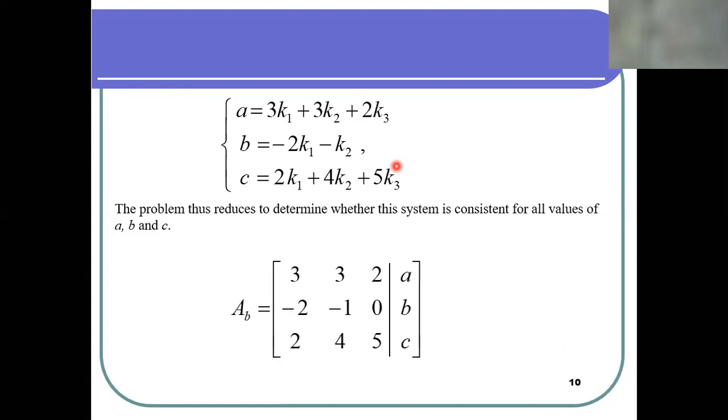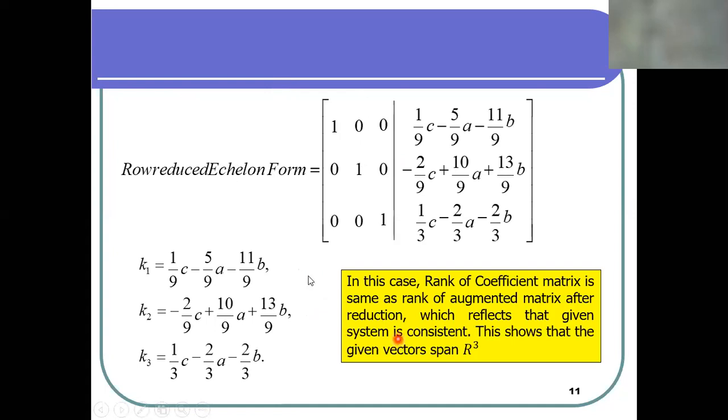If I write this whole system as an augmented matrix, I calculate the reduced echelon form by performing row operations. So I get k1 equal to this, k2 equivalent to this, and k3 equivalent to this one.